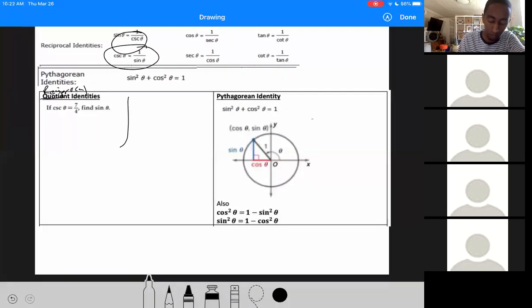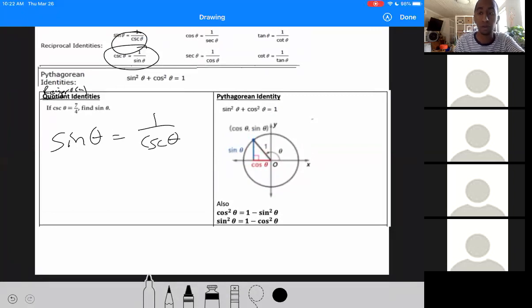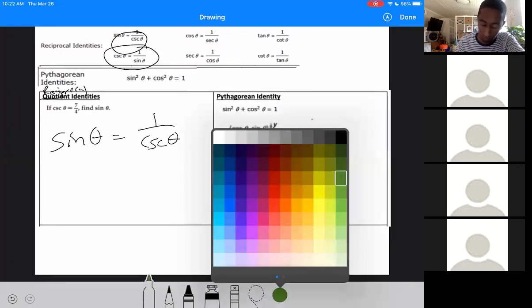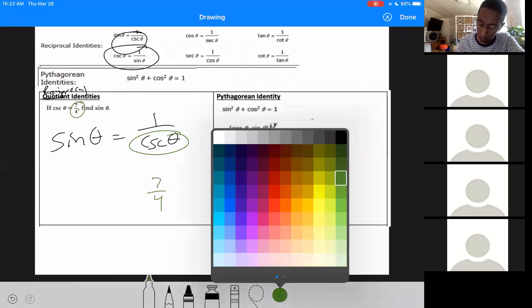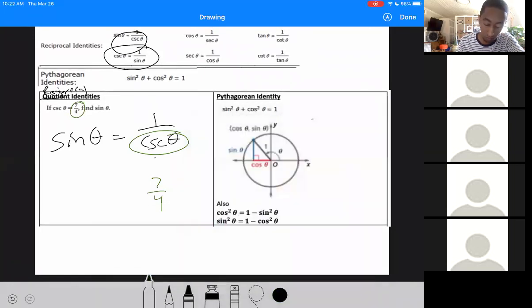So sine of the angle equals 1/cosecant of the angle, right? And cosecant of the angle is that, so we can replace that with 7/4. So it'd be 1/7/4.